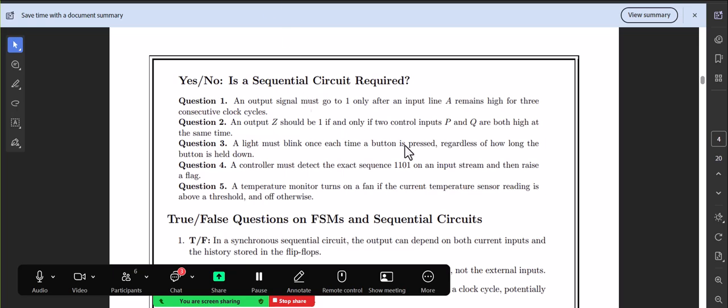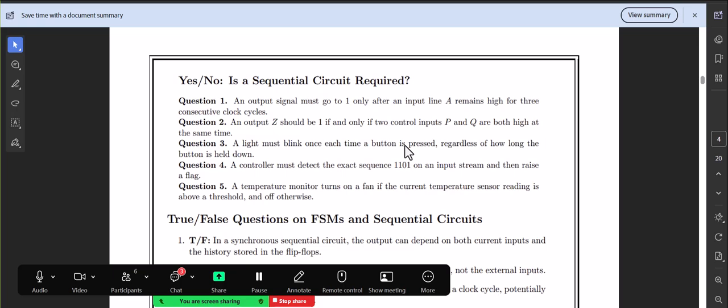What about number 4? A controller must detect the exact sequence 1101 on an input stream and then raise a flag. Yes. A temperature monitor turns on a fan if the current temperature sensor reading is above a threshold and off otherwise. I would say no, because it only cares about the present state.